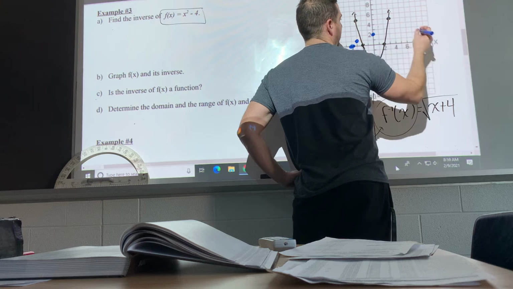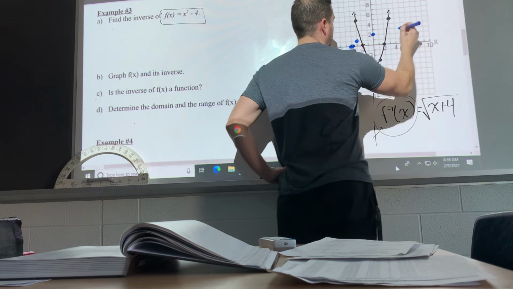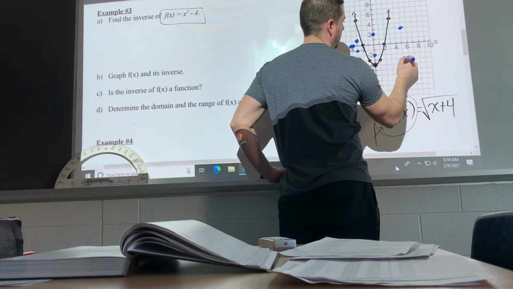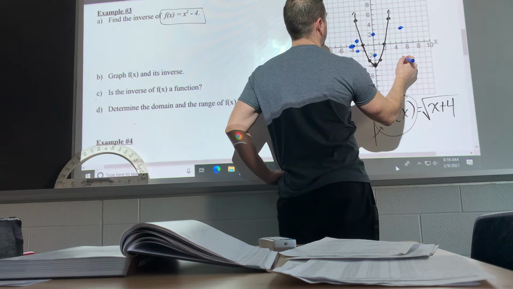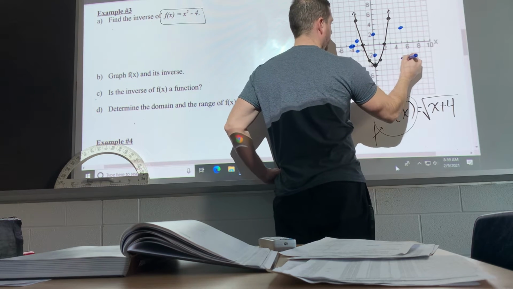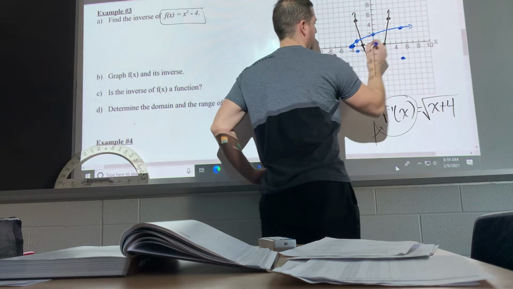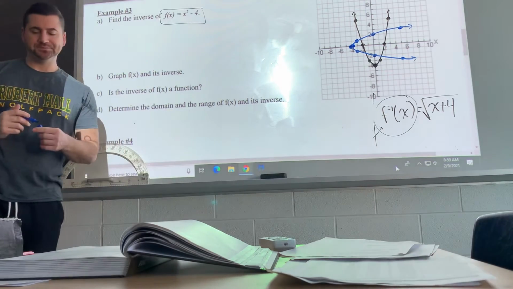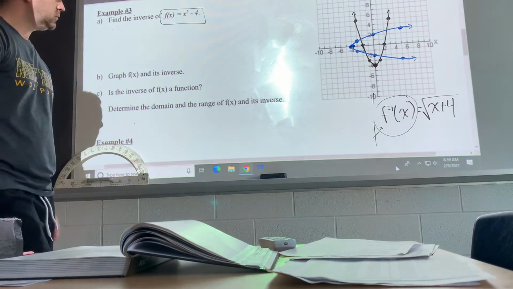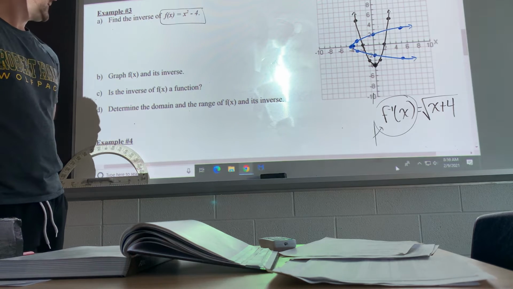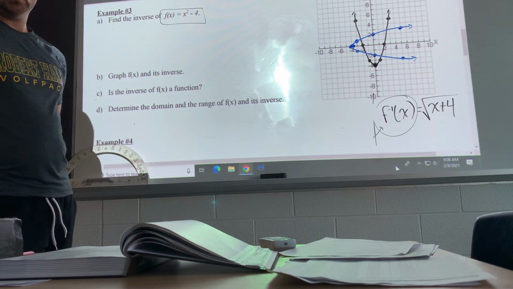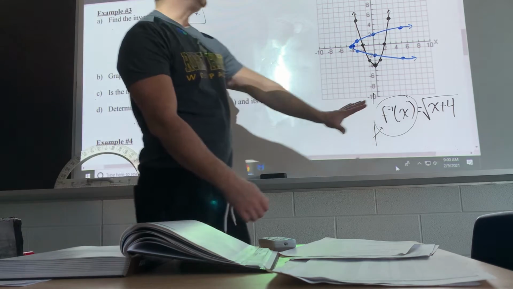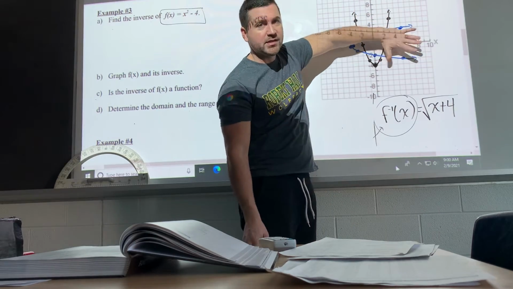And 3 and 5 becomes 5 and 3. So instead of facing upwards, it now faces sideways.